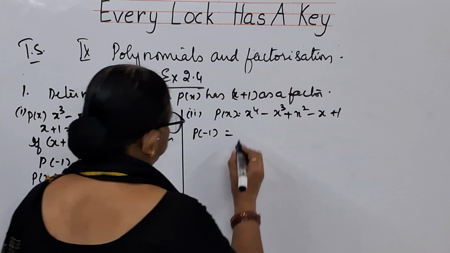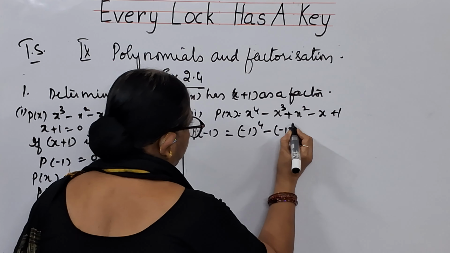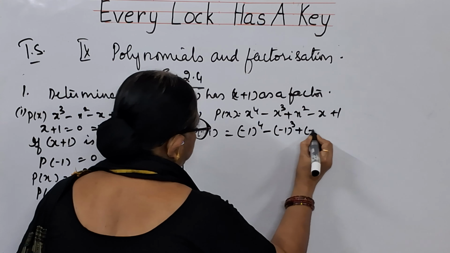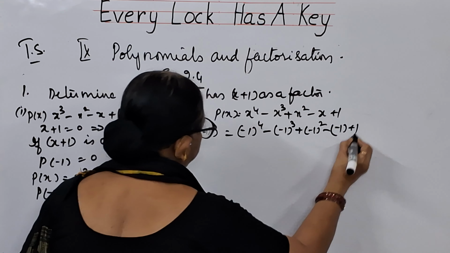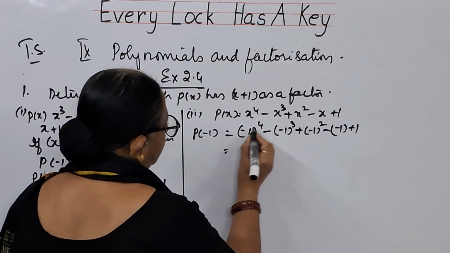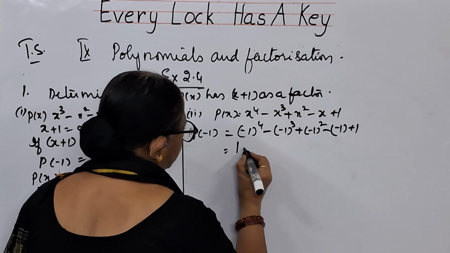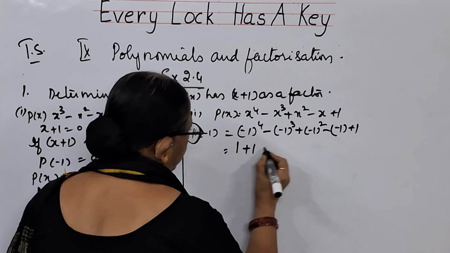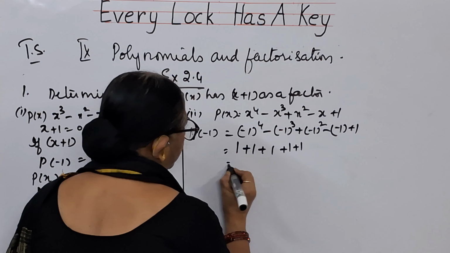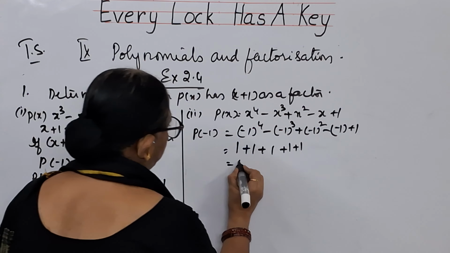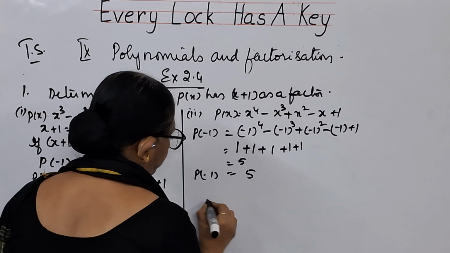Minus 1 whole to the power of 4 minus of minus 1 whole cube plus of minus 1 whole square minus of minus 1 plus 1. Minus 1 power even, so I will get plus. Here minus into minus, plus 1. Here I will get plus 1. Here plus 1. Here plus 1. How much am I getting? 5.